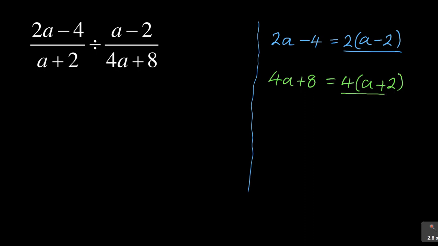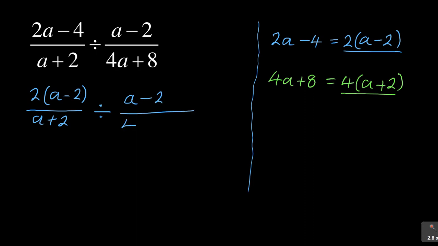So I can write the new fraction as 2 into (a minus 2) over (a plus 2), divided by (a minus 2) over 4 into (a plus 2). So this is what I'm having.